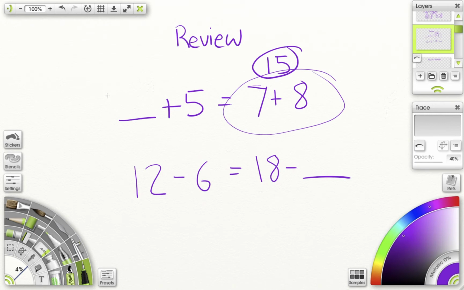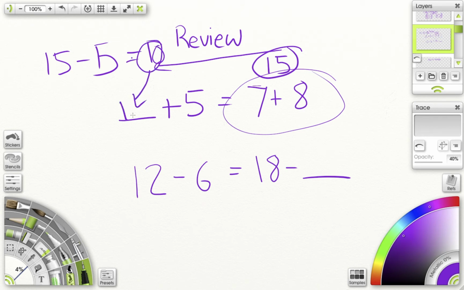And what is that? Well, I can take my 15 here, and I can minus 5. That gives me 10. So therefore, that 10, I can plug it in right here. 10 plus 5 must be equal to 15. So if I have 15, 10 plus 5 equals 15, I know I'm correct.